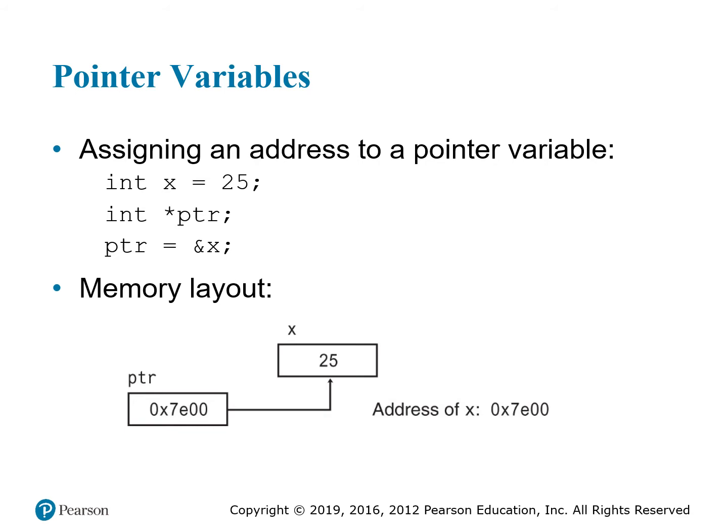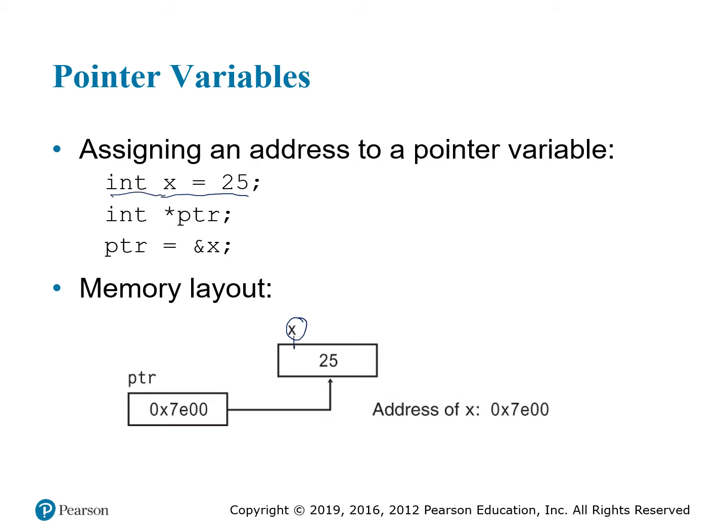How do we assign an address to a pointer variable? Let's say we have a variable named x, and we assign x equals 25. That means we're going to create an int type variable x.